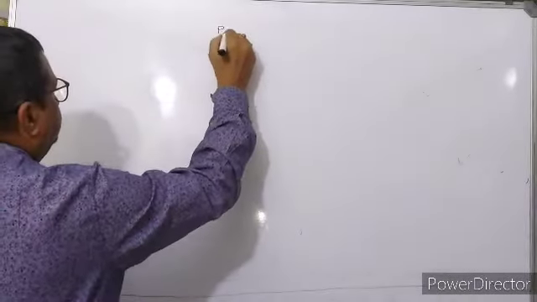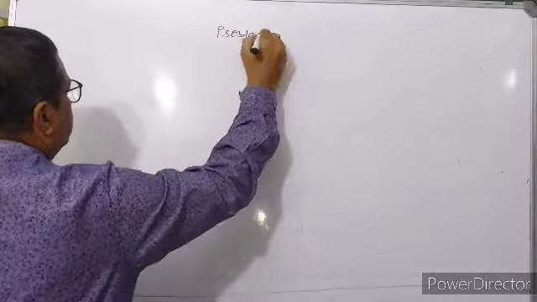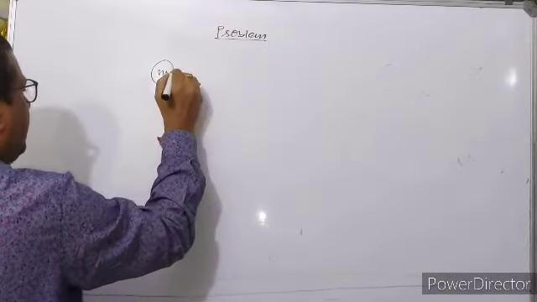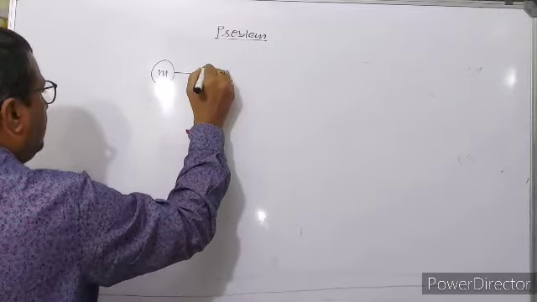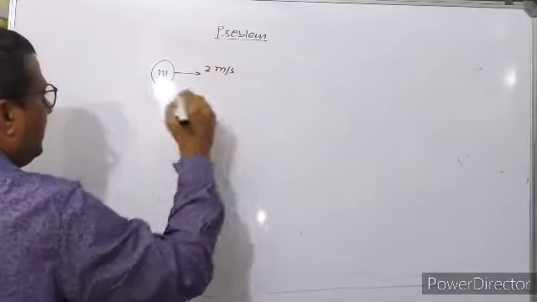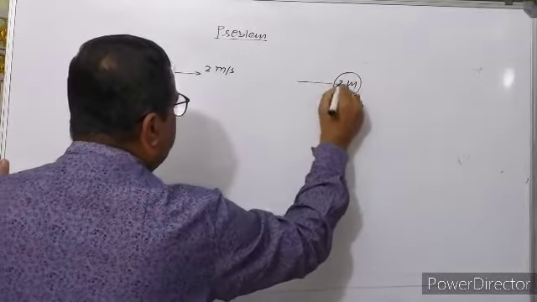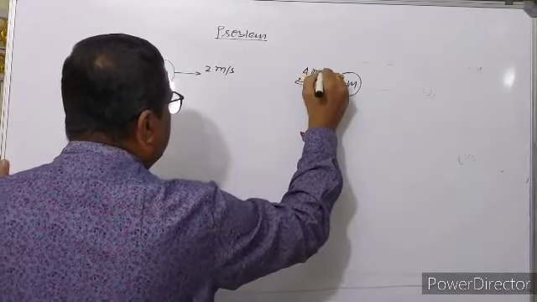Problem. This is the body, its mass is m, it is moving with 2 meters per second, and there is another body, its mass is 2m, it is moving with 4 meters per second.